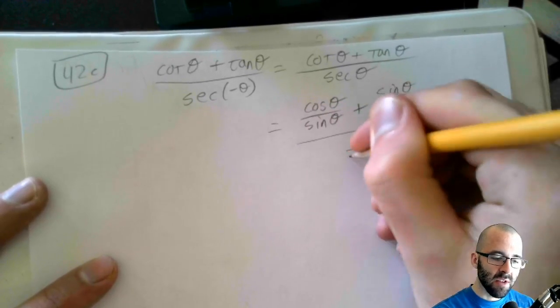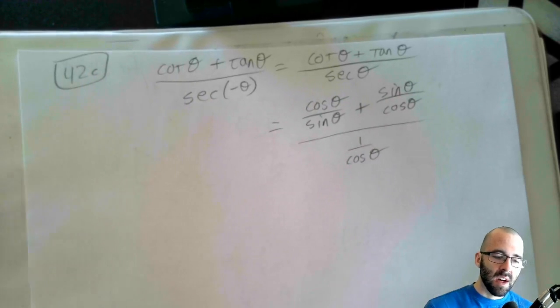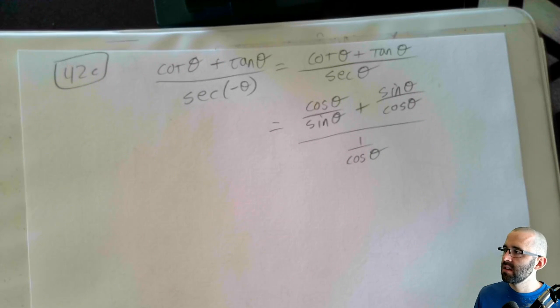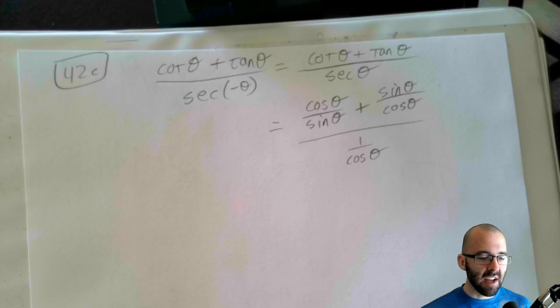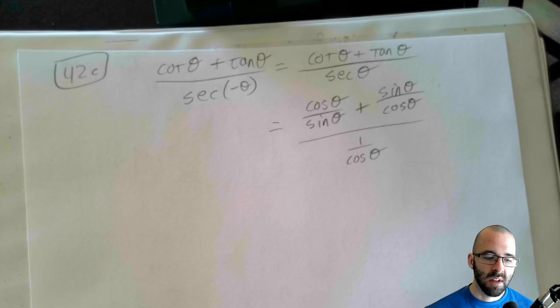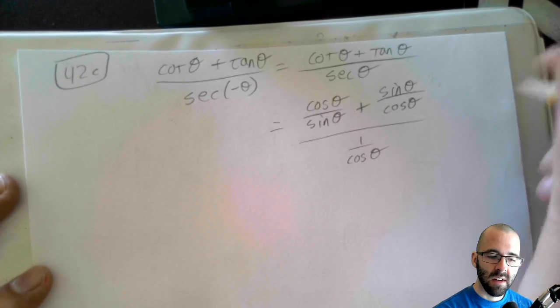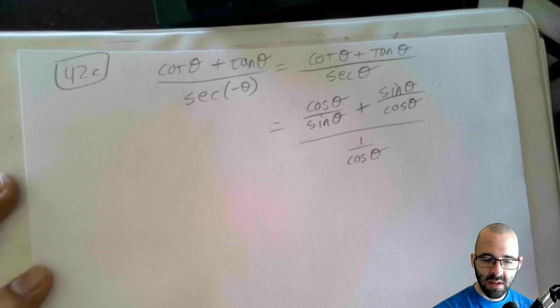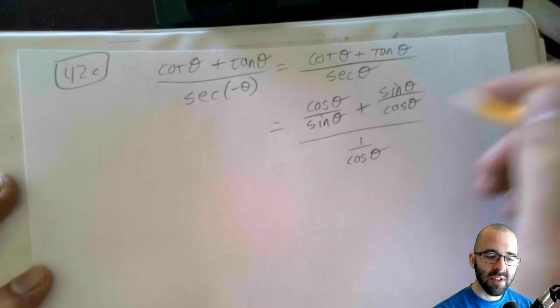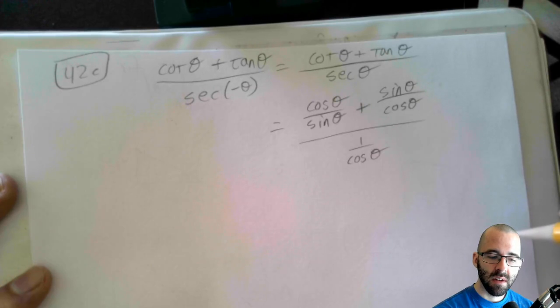And secant is 1 over cosine. And we have a complex fraction. Complex fraction means fractions inside of fractions. And there's 2 ways we talked about dealing with this. We can either multiply the top and the bottom by the LCD, which will be sine theta cosine theta, or we could write this as a division problem. Up to you.